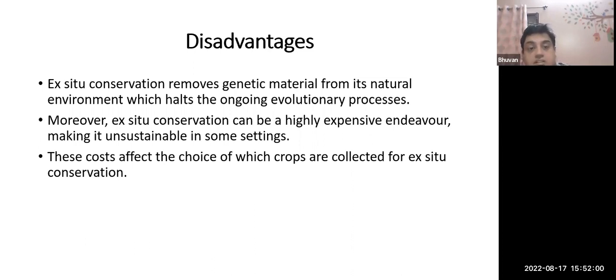So at present they don't have much discovered use, but in future they might have some good promise, some good benefits which will be derived from them. So it is possible that the plant breeders might not be so keen on conserving such plant resources. So these are the disadvantages which are linked with the ex situ conservation strategies.